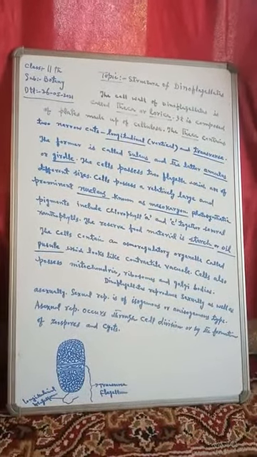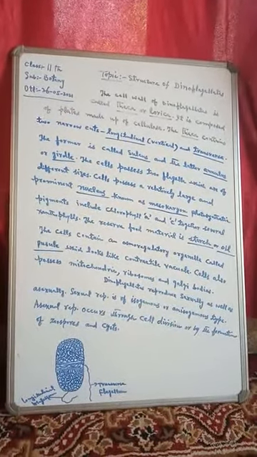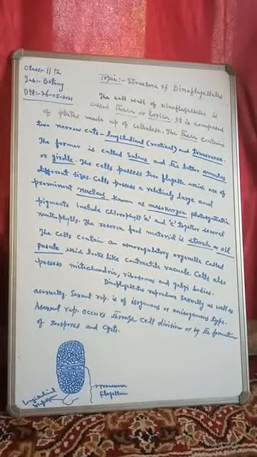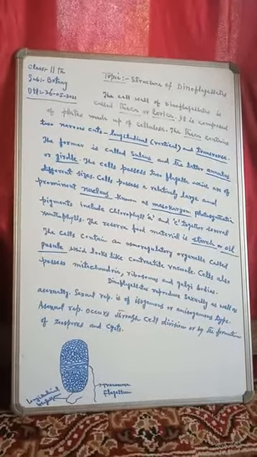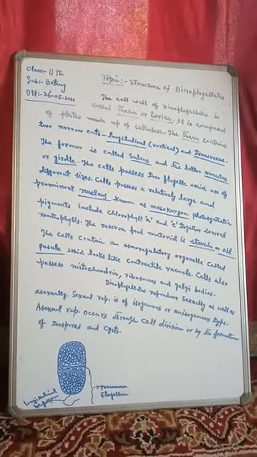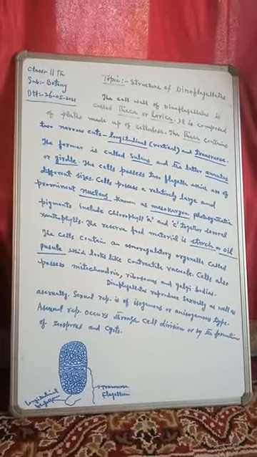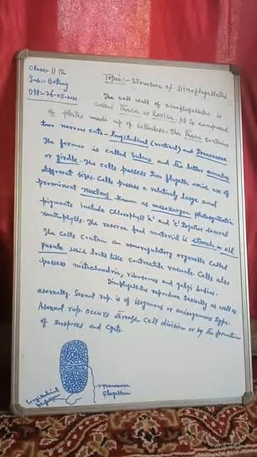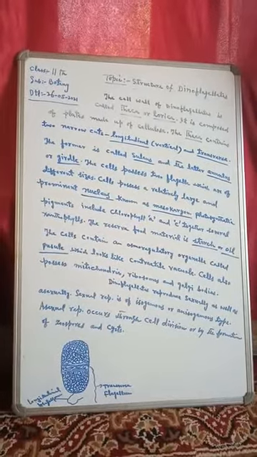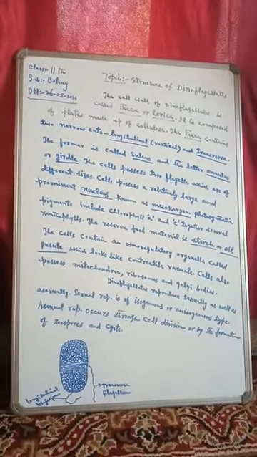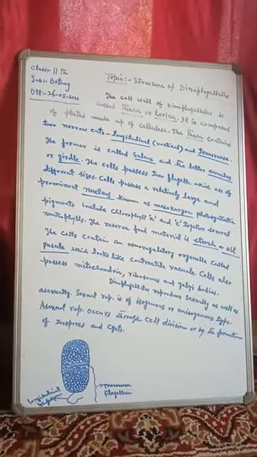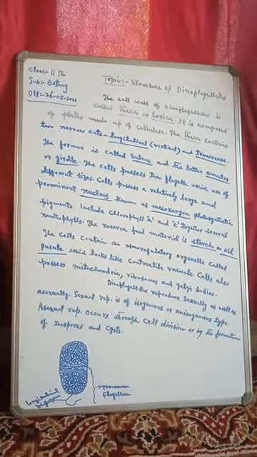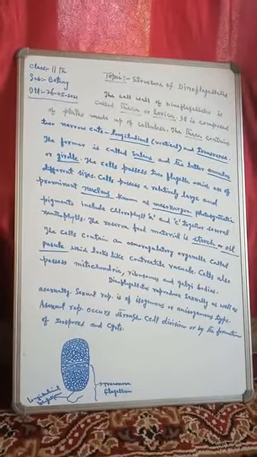The theca contains two narrow cuts or two narrow grooves. One is the longitudinal or vertical groove, and the second is the transverse. So two grooves are found in the cell wall of these dinoflagellates.